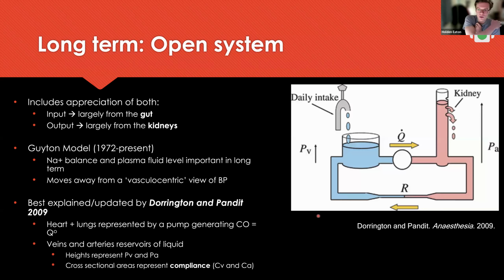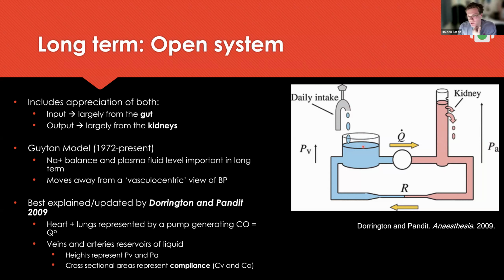I find it's best explained by the review by Dorrington and Pandit, two Oxford academics and clinicians, in 2009, and they draw upon this idea of fluid balance. So we'll talk about the diagram on the right, which is a diagrammatic representation of Guyton's model.